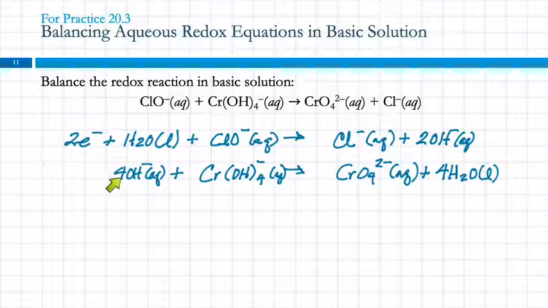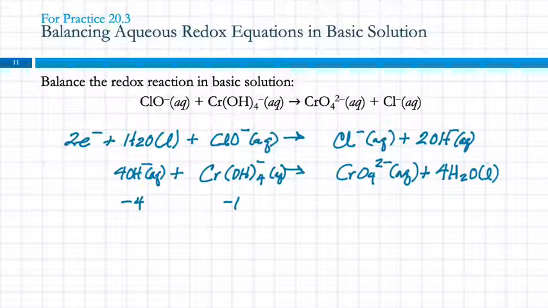Down here, I have 4 hydroxides, so that's a -4. And here I have CrOH4, and this minus is for the whole thing. It's not for the OH. It's for the whole thing. And so that's just -1.